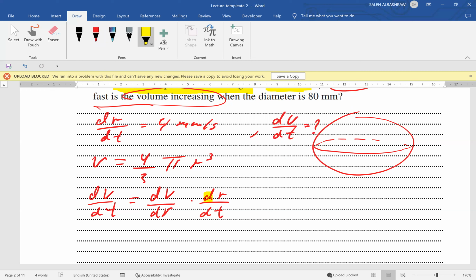Again, this is common, and that's why we are just writing in this way. This is just applying the chain rule. It is dv by dt is equal to the derivative of the function with respect to r multiplied by the derivative of r with respect to t. Now I need to differentiate this one with respect to r.